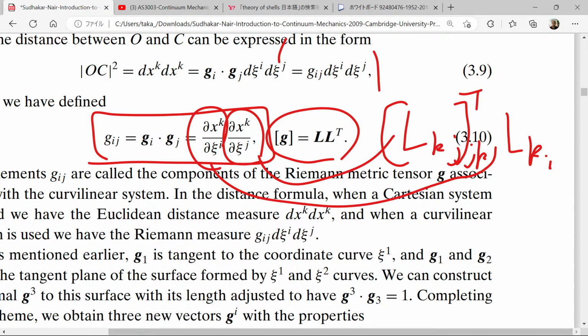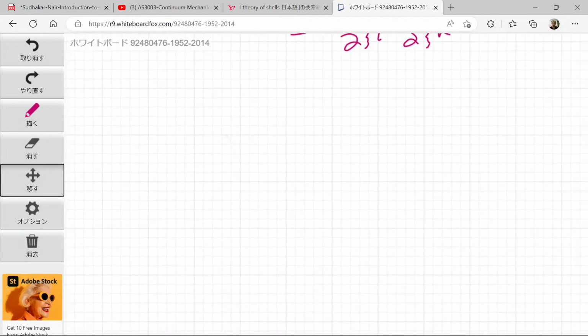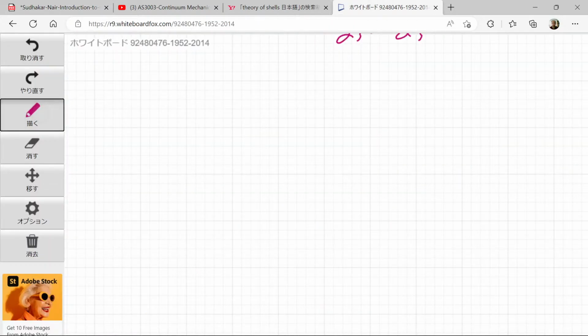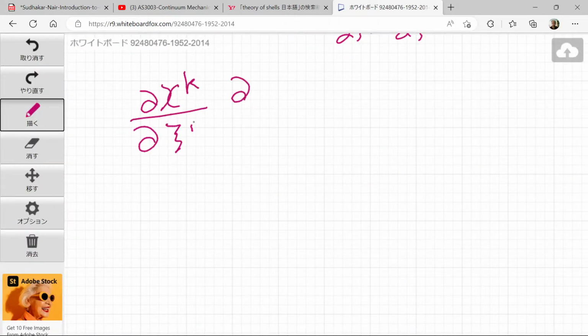Let me see. Okay. ∂x_k/∂ξ^i, this is like this. ∂x_k/∂ξ^i and ∂x_k/∂ξ^j, right?